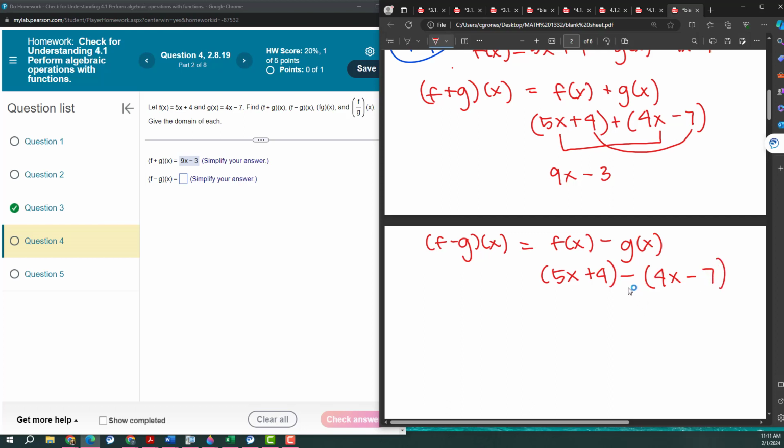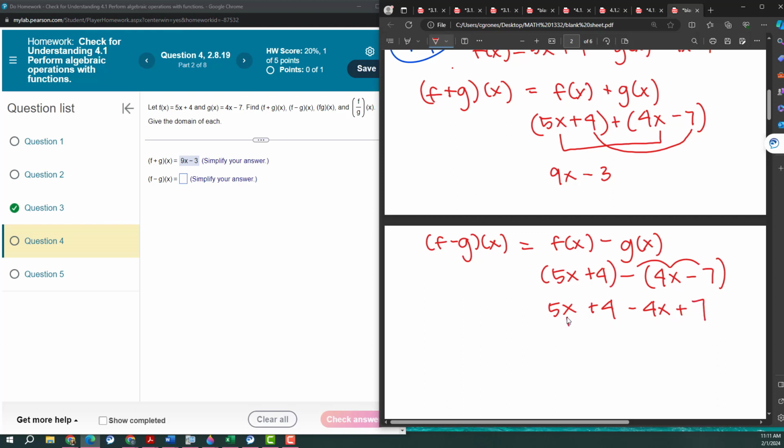Now, remember, we have our minus right in the middle. So that means that that operation is going to be for both of these terms. So if we were to use it as distributing it, we would have 5x plus 4, and then we have minus 4x. And then if we have a double negative, we have negative 7, and then the double negative, that becomes positive.